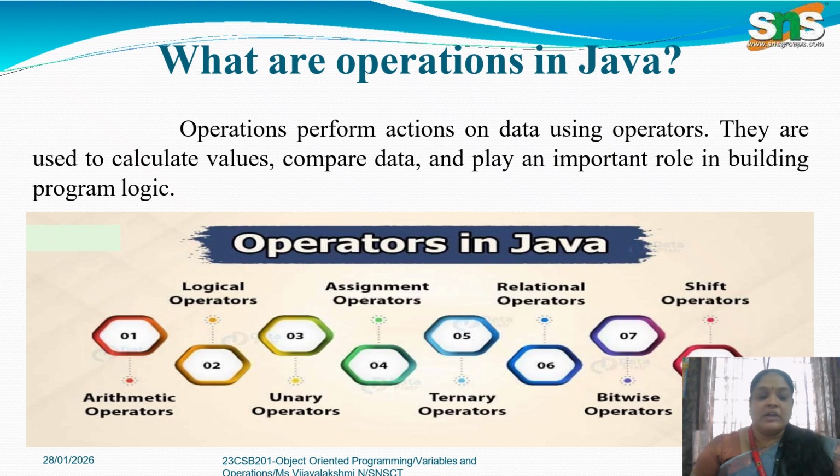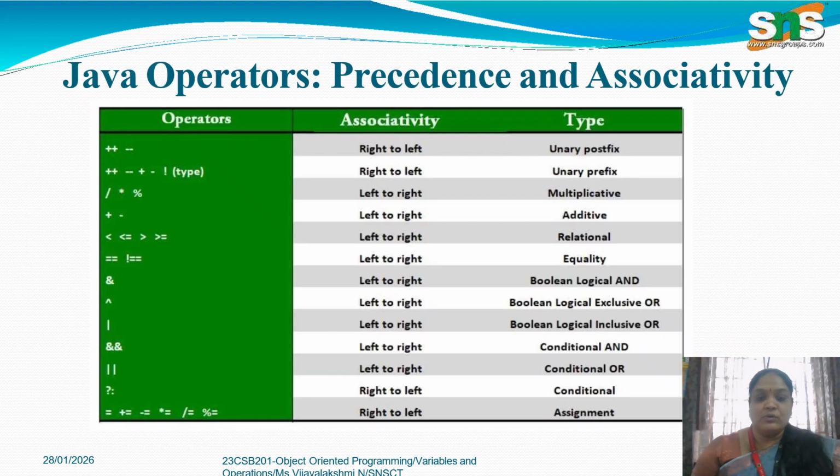Arithmetic operators we all know, the basic arithmetic operations like addition, subtraction, division, multiplication, and you can do modulus as well. Here they have given the precedence and associativity rule.